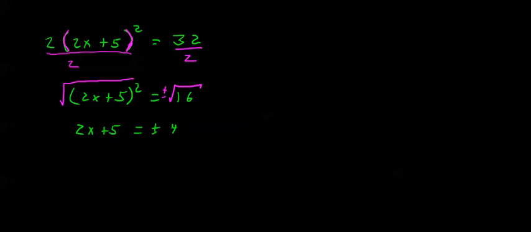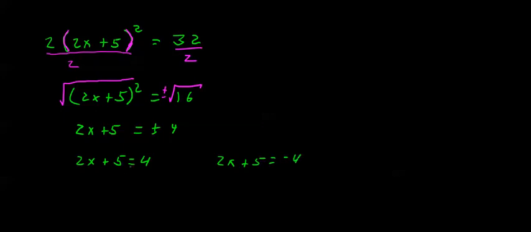Now, this becomes a little bit easier for us. We now end up with two equations. 2x plus 5 equals positive 4, and 2x plus 5 equals negative 4.